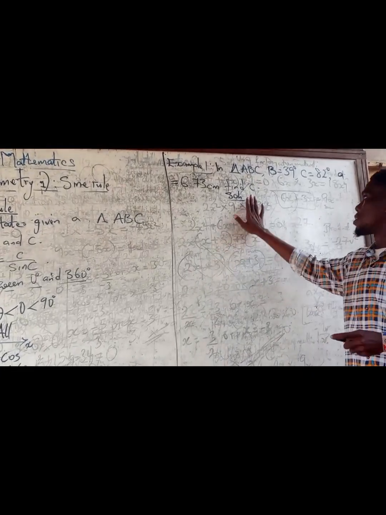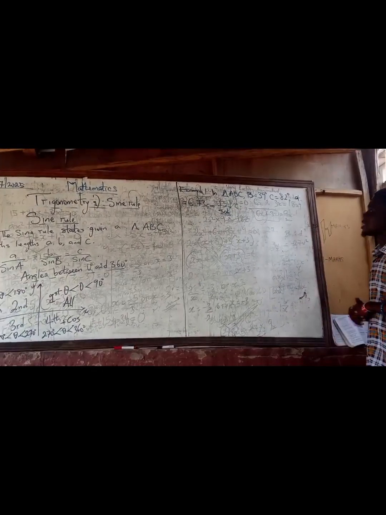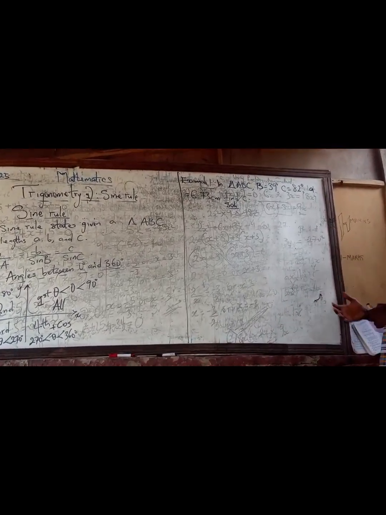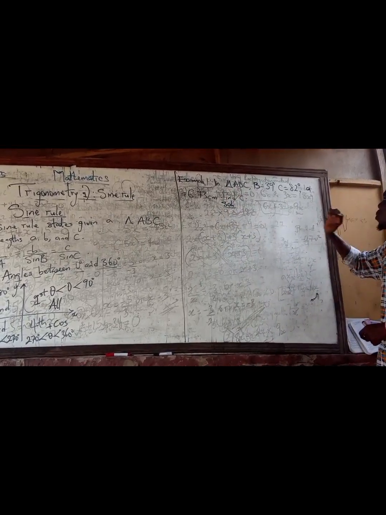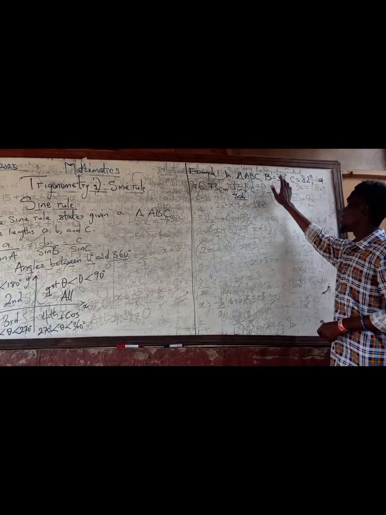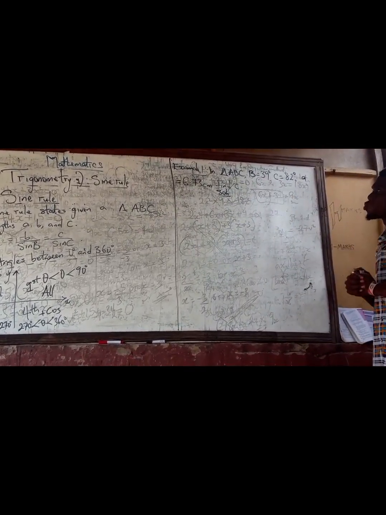Find c. Now in this particular question, we've been given a triangle ABC. Angle B is 39 degrees, angle C is 82 degrees.